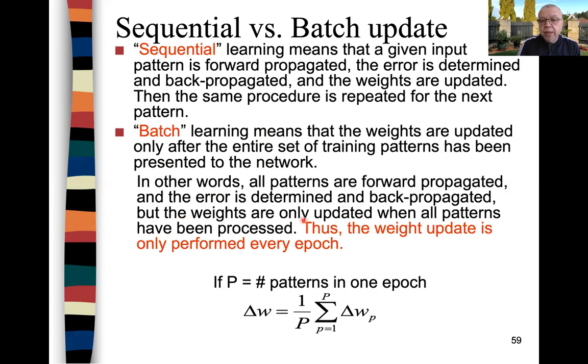The weights are only updated when all patterns have been processed, meaning that the weight update is only performed every epoch. You do the weight update for one epoch, then for the second epoch, third epoch, and then you average. If P is the number of patterns in one epoch, you average over them.